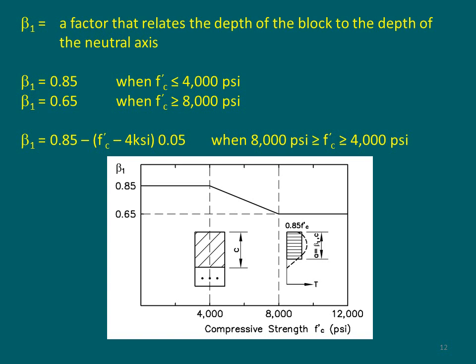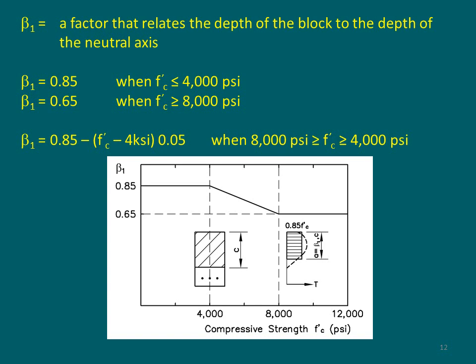According to the ACI code, beta 1 is equal to 0.85 when the concrete strength at 28 days is 4000 psi or less. Once the concrete strength is equal to 8000 psi or more, beta 1 is going to be equal to 0.65. That's why in the graph, look here on the x-axis, you have the concrete strength.